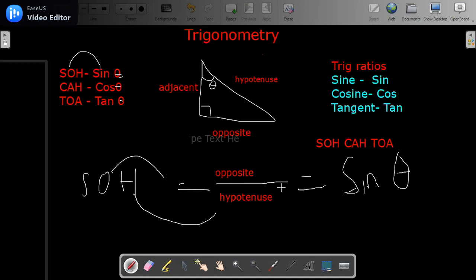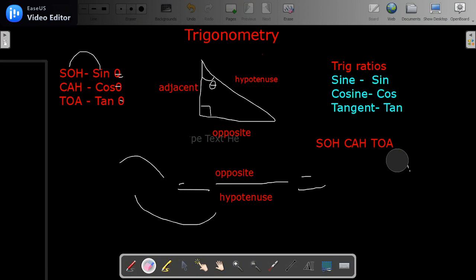So now let's work with CAH. Let me erase this. So what do you have here? You have CAH. As CAH works with cos theta, what do we get? The A here stands for adjacent. You should know this, and the H here stands for hypotenuse.